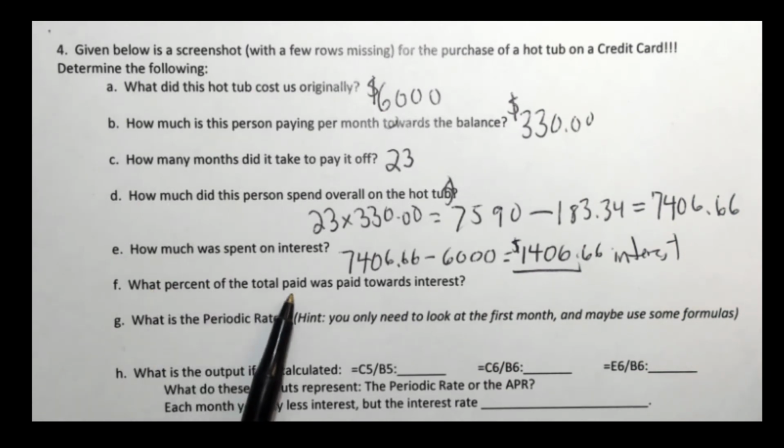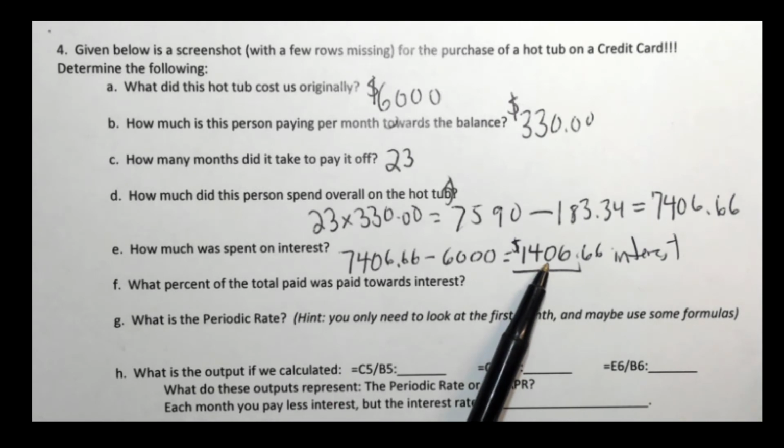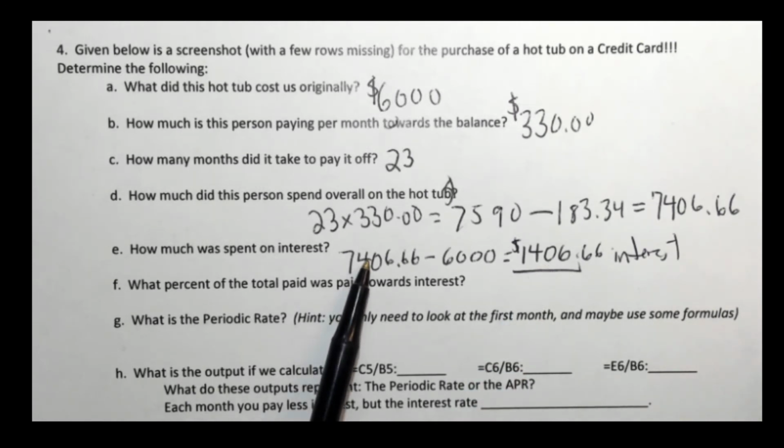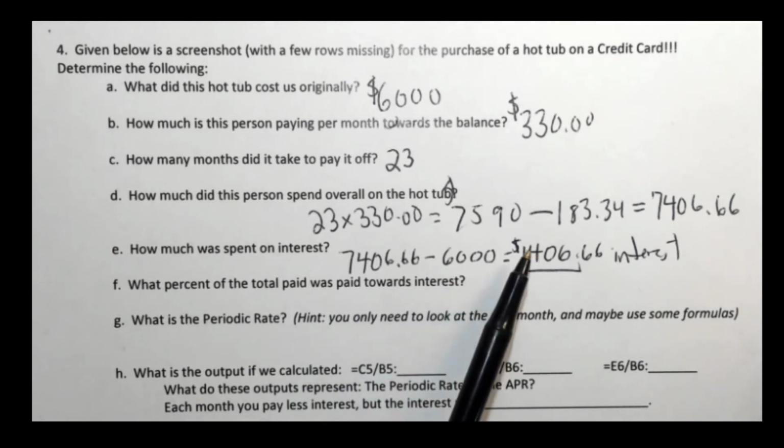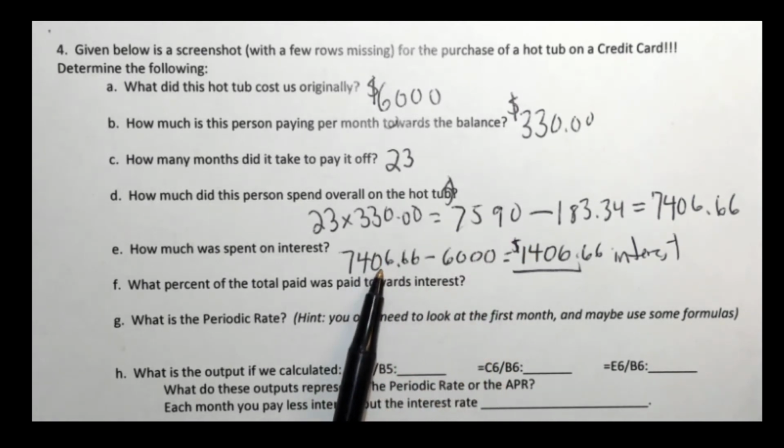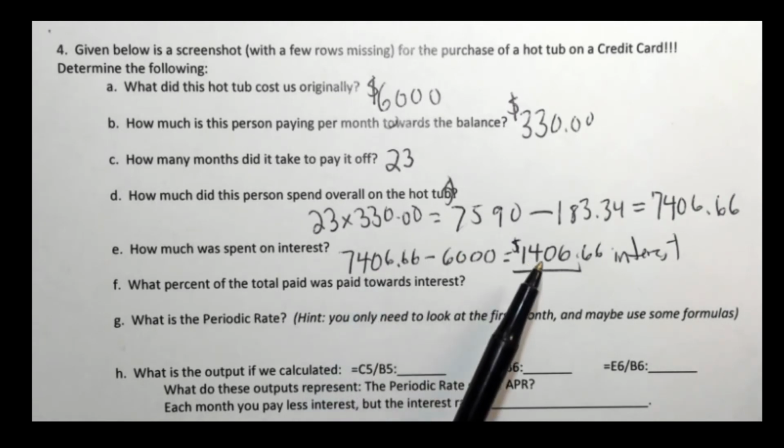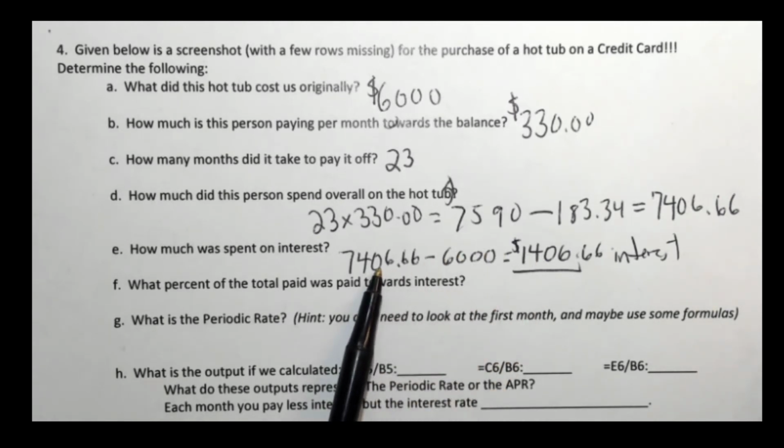What percent of the total amount paid was paid towards interest? So this is the part, interest, and that's the whole. So this is no different than getting 16 correct on a quiz with 25 total questions. You're just going to change this ratio into a percentage. And so I'll write it down here.